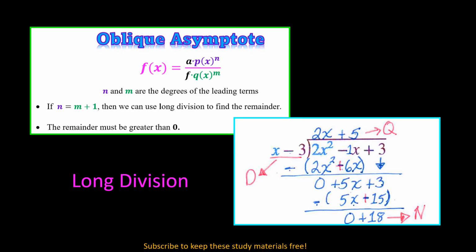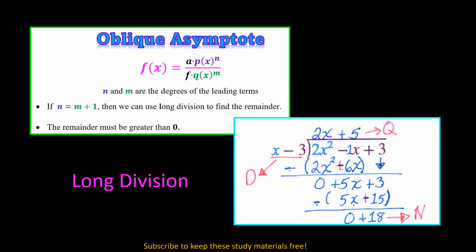Next, we're going to look at the oblique asymptote, and how we find that is we look at 2 conditions. The first one is if the exponent of the leading term in our numerator is just one more than the exponent of the leading term in the denominator, that would be that n has to equal m plus 1.